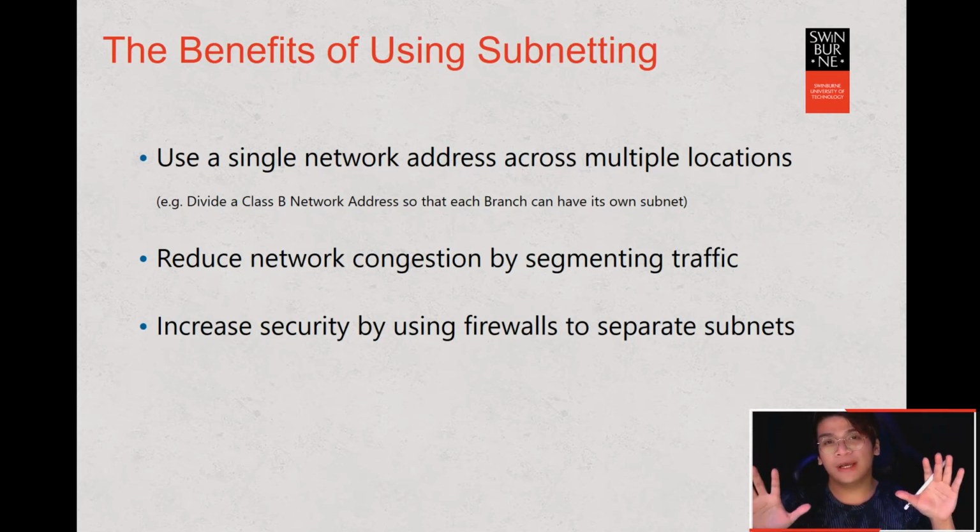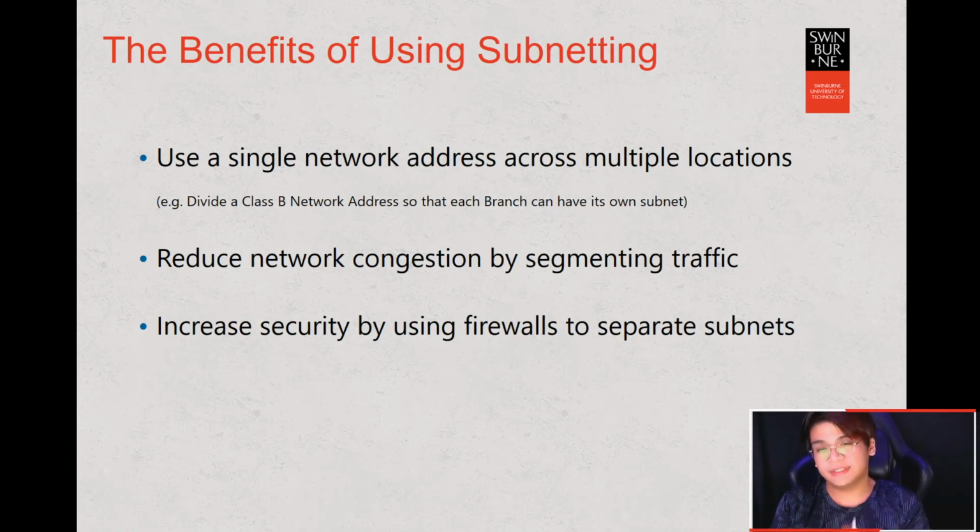And also, we can access each other's data freely, which also increases the security risk. So by separating this, we can set a firewall in between to say which data, which port can be accessed, and so on. That is why we have subnets.